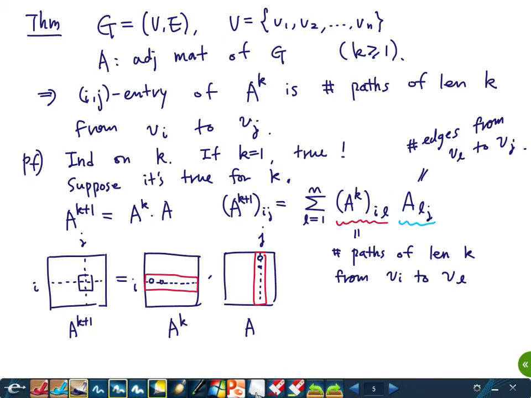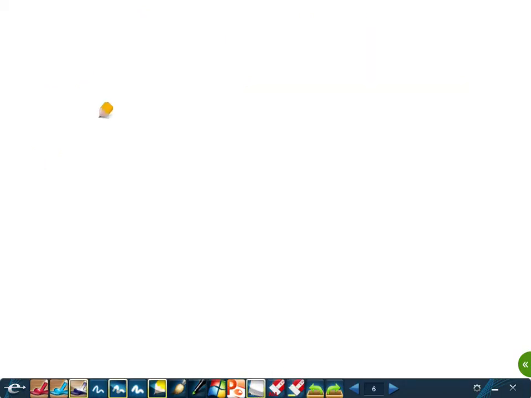But that is not difficult, because suppose that we have two vertices, Vi and Vj. For every path of length k plus 1, we must first use a path of length k and then one edge, right?